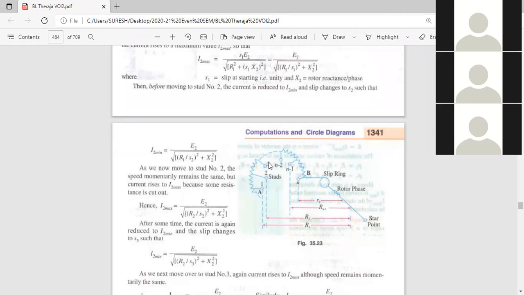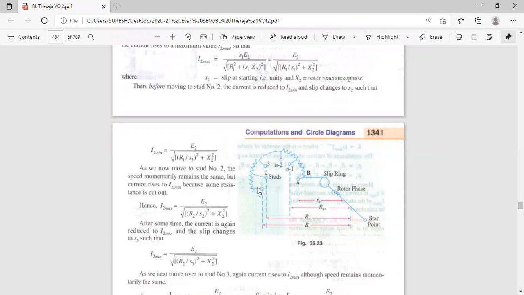In between 2 and 3, it is R2 minus R3, because R2 is greater than R3.